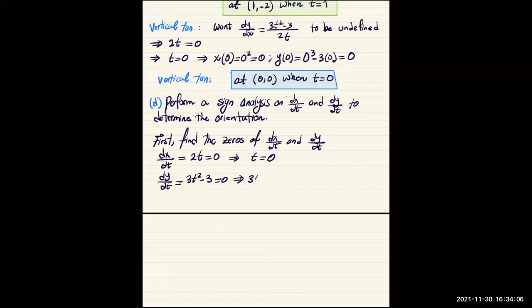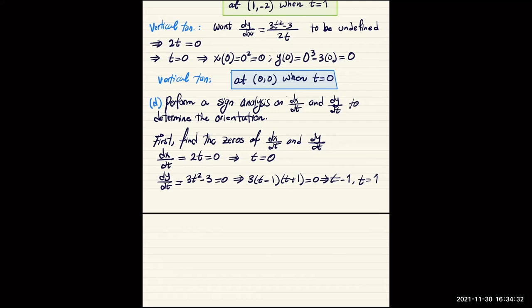It factored out, you get 3(t minus 1)(t plus 1) equal to 0, which gives you t equal to -1 and t equal to 1. Okay, so motion in the vertical direction might change when t is -1 and 1.